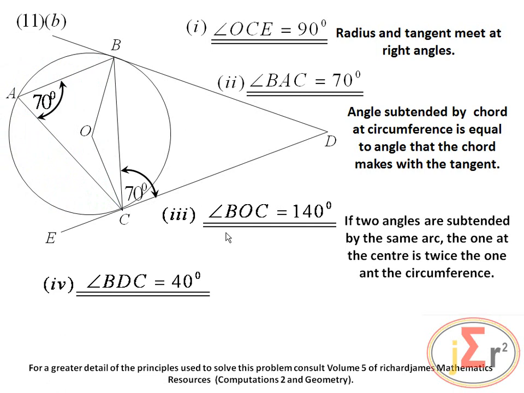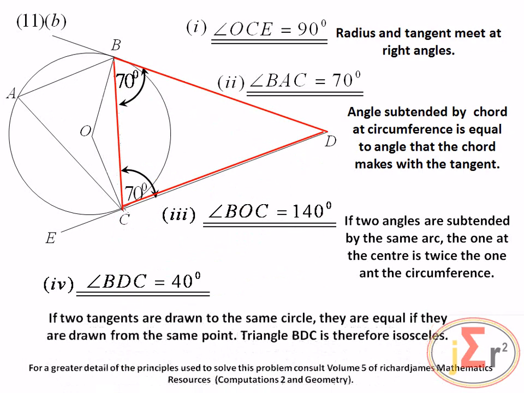BDC is 40 degrees. How so? If two tangents are drawn to the same circle from the same point, they are equal in length. So we have two tangents to the same circle. They are drawn from this point.